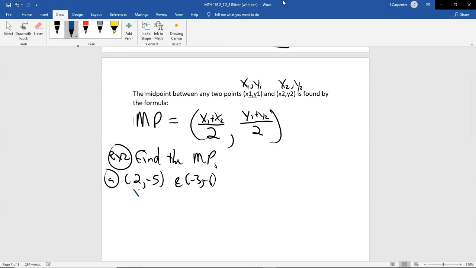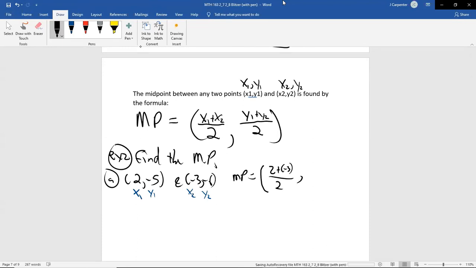You need labels. x1, y1, x2, y2. So your midpoint, you were just averaging the coordinates. So average the x values, 2 plus negative 3, not minus negative 3, all over 2.